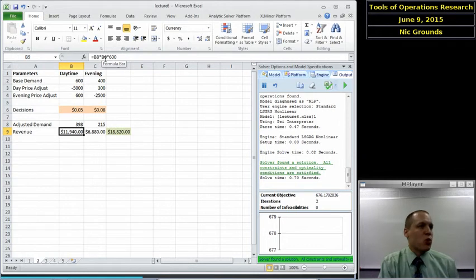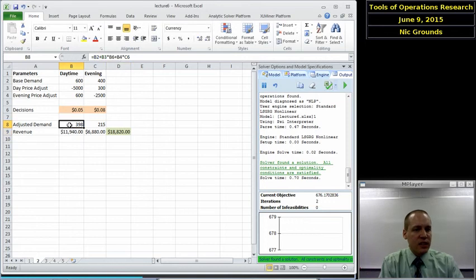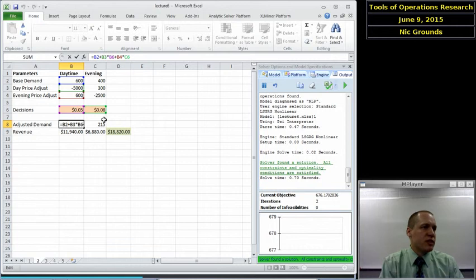So we're going to end up with squared decision variable terms. Does that make sense? I want to make sure the reason why this is nonlinear is clear. So our objective, revenue, whether it's daytime or evening, involves the decision variable multiplied by something else, and that something else also involves, in this case, both decision variables. So we have decision variables multiplied by one another in some cases. So definitely not linear.